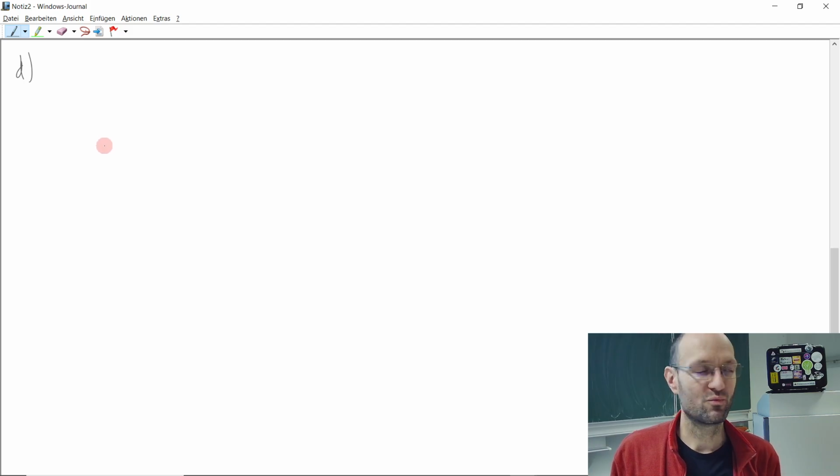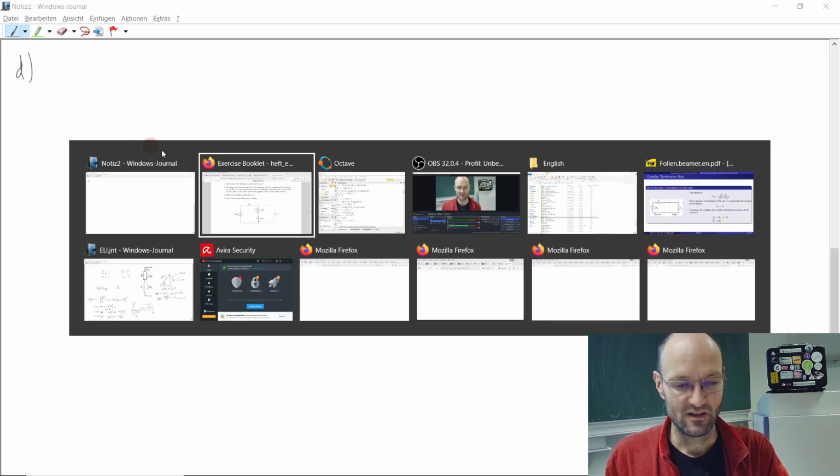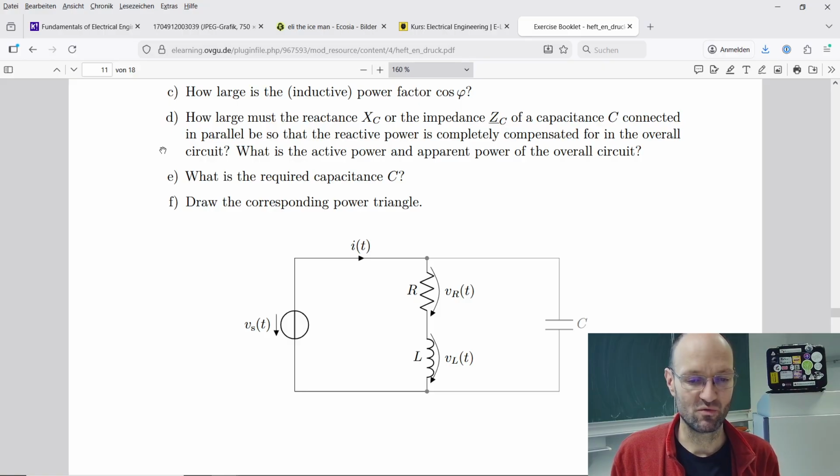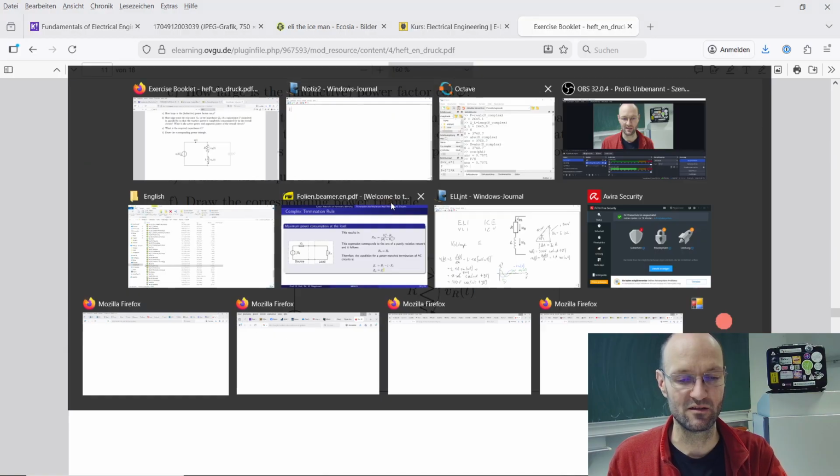So what would you suggest to do now? Or what approach would be meaningful to find out how large the reactance or the impedance of this capacitor must be, so that overall we totally compensate this power?